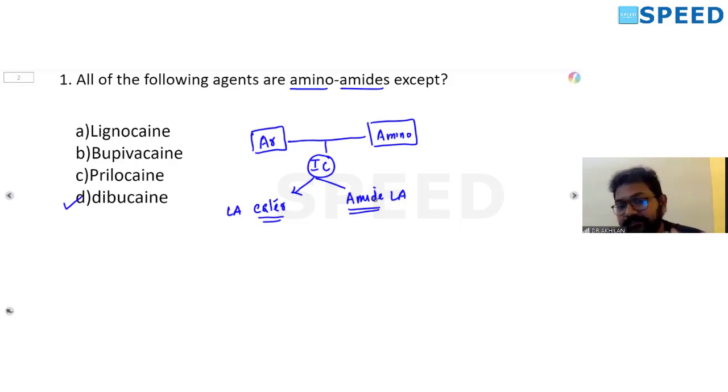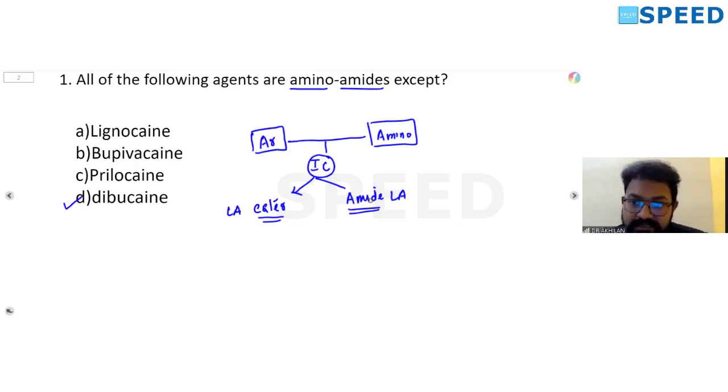Now, if you look at the term ester local anesthetic agent, it is very easy to understand one more important fact. The metabolism of your ester local anesthetic agents will be taken care of by an esterase enzyme, and the very common esterase enzyme that you would know is pseudocholinesterase. So what is the first point that you have to understand?